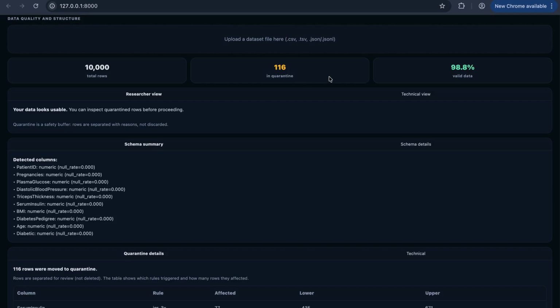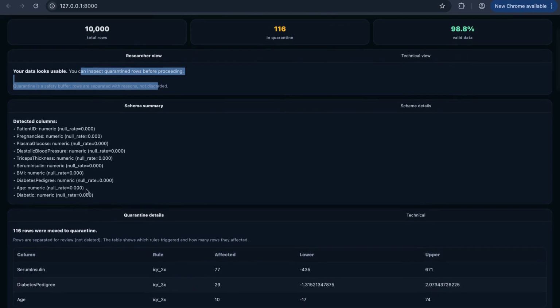Based on this information, you get a percentage of valid data. Also, you have a brief comment and a summary with the null rates.